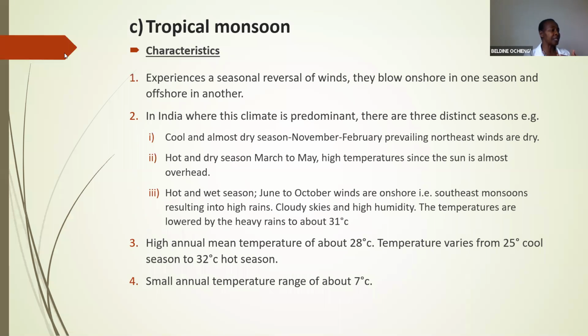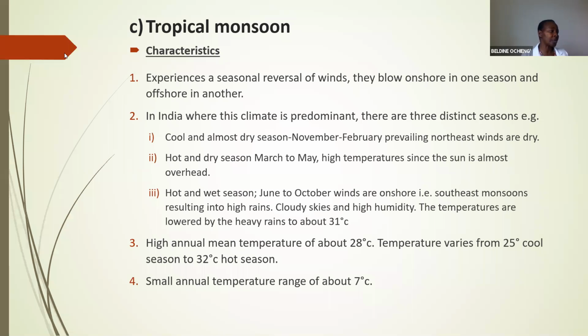How is the movement of these winds? They blow onshore in one season and offshore in another. In India, where this climate is predominant, there are 3 distinct seasons. There is a cool and almost dry season.